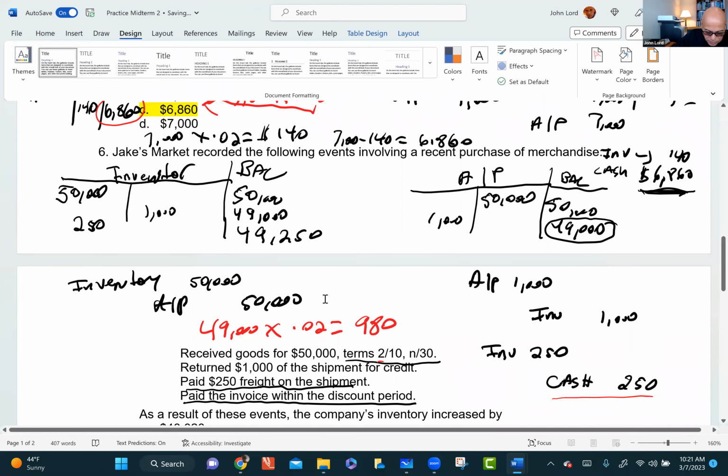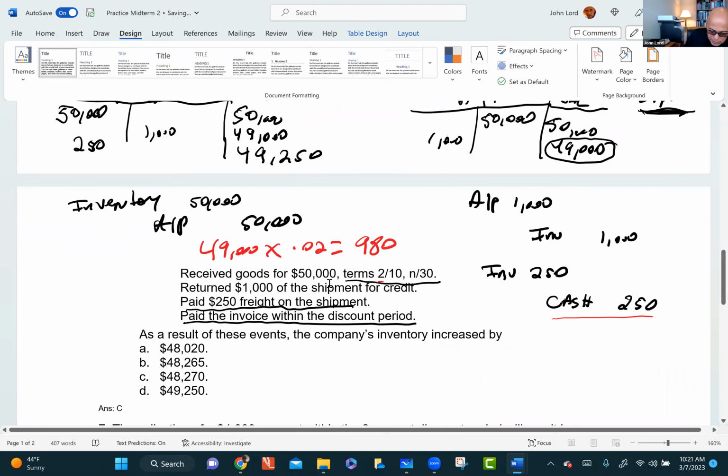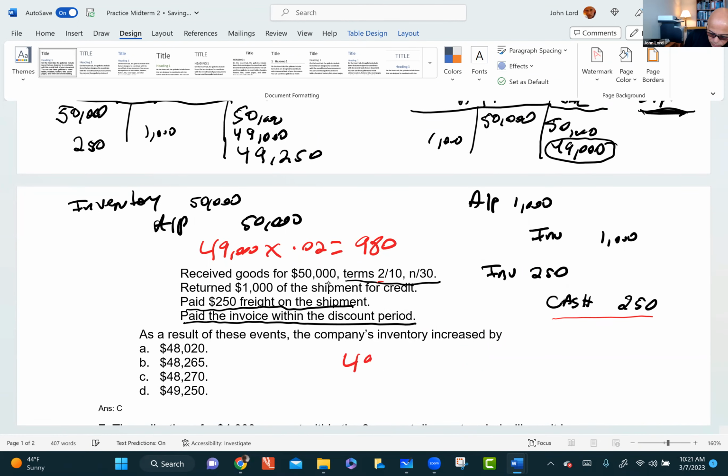To calculate the amount I'm going to pay, I take 49,000 minus 980, which gives me 48,020.